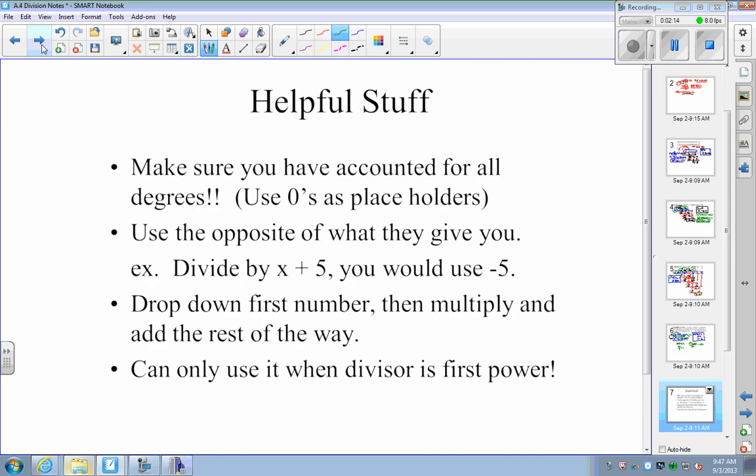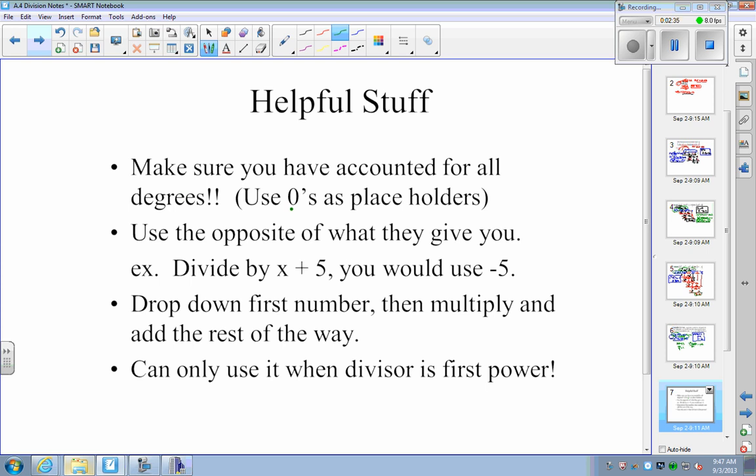Here's some helpful things for it. You have to use zeros as placeholders. Okay? All the degrees have to be counted for. In long division, you'd find out things didn't match up, so you would realize it if you forgot. In synthetic, if you forget, you're just kind of out of luck because we're not actually going to use the variables.